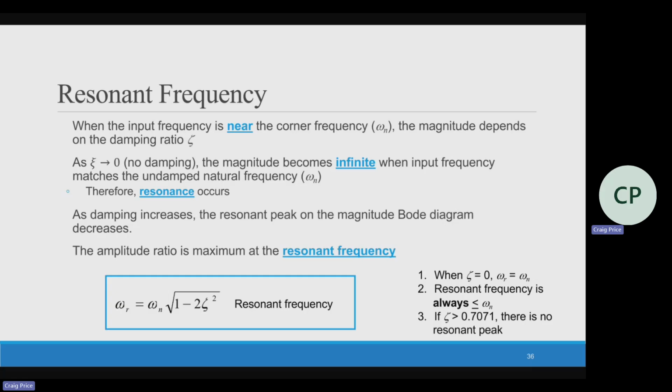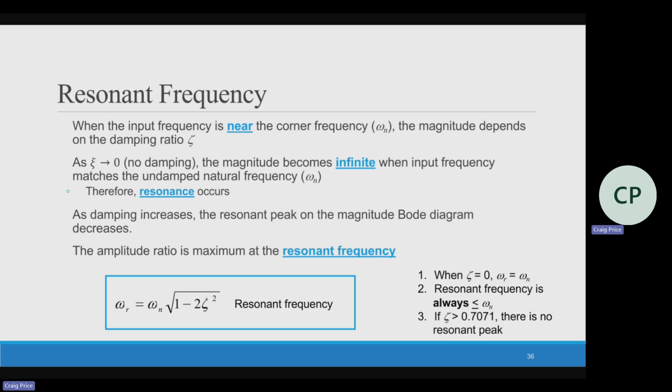The more damping we have, the more it shifts to the left on the graph. It's going to decrease. So the more damping we have, the less of a bump we're going to see. And where is that transition? At the bottom, number 3, if damping ratio is greater than 0.7071 or square root of 2 over 2, there is no resonant peak.